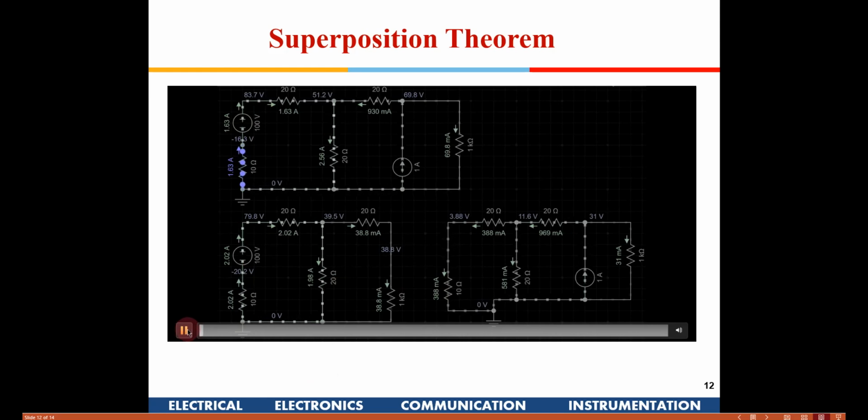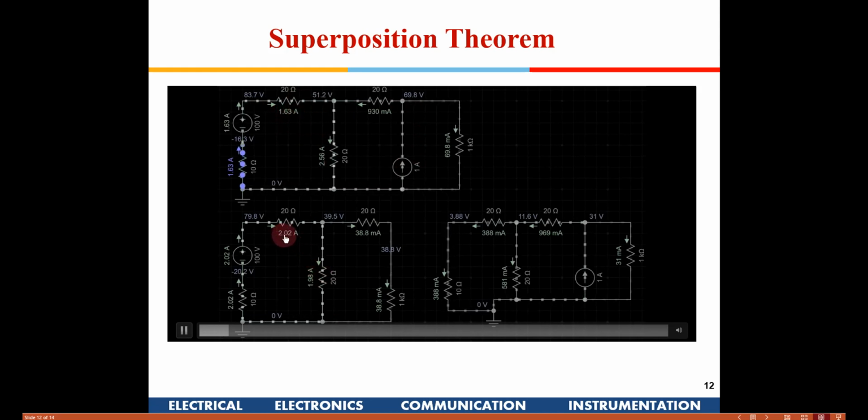Okay, so let's take any element for that matter. The beauty of this circuit is you can compute the current or voltage across any of the elements. Now if I take this 20 ohm resistor and do this analysis here, I get 1.63 ampere.